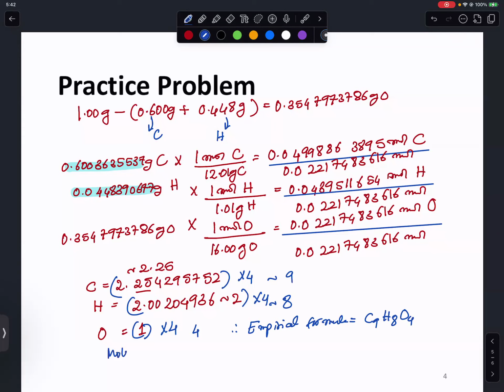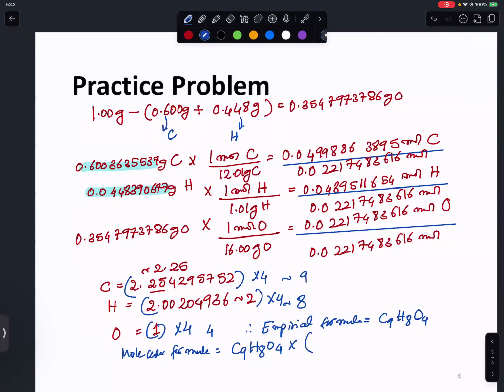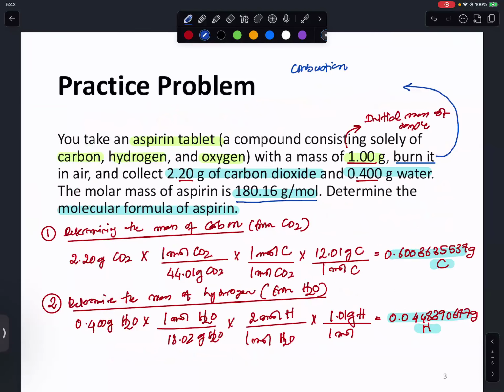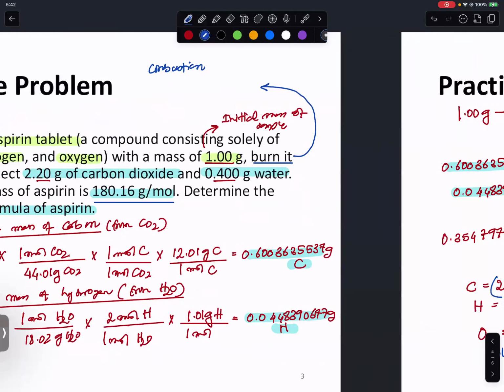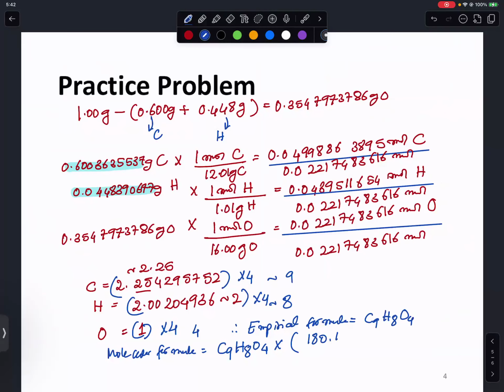Now, we want to also determine the molecular formula. So the molecular formula equals the empirical, which is C9H8O4, times N. It gives you the molar mass of the molecular formula, which is 180.16 grams per mole. And by calculating this value, it turns out to be the same thing, which is 180.